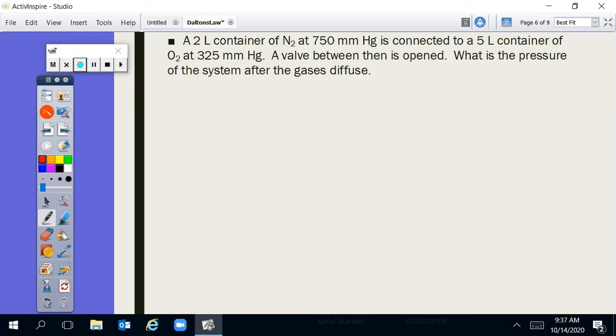The first thing we're going to do is use our fundamental gas laws from the last video. We can assume a constant temperature, so we have P1V1 equals P2V2. Let's look at nitrogen first.